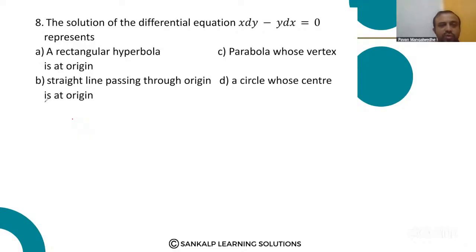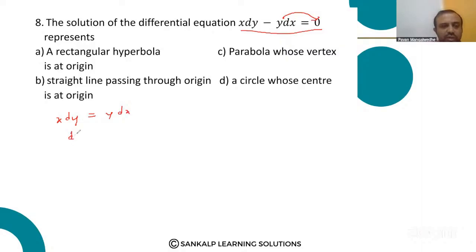What is it going to represent? x into dy minus y into dx is equal to 0. So, dear students, just try to rearrange the given equation, which can be written as x into dy equals, on transposing minus y to the other side, plus y into dx.